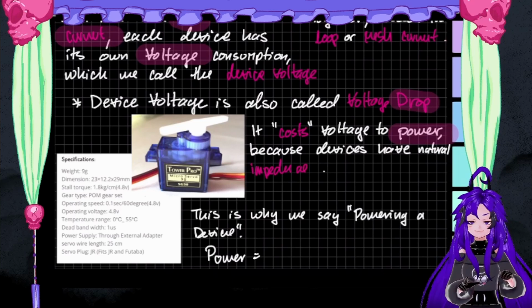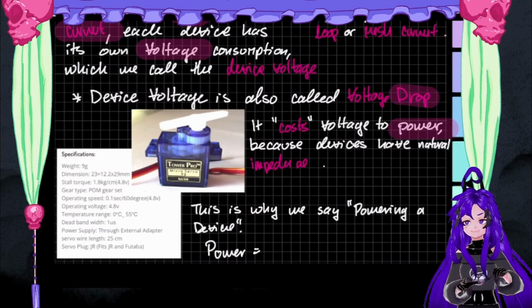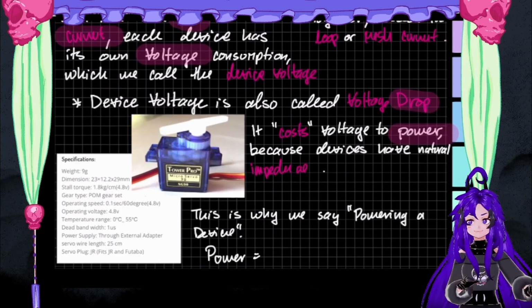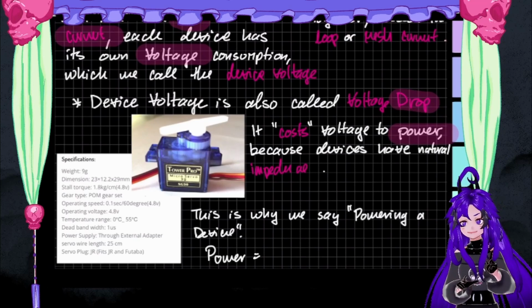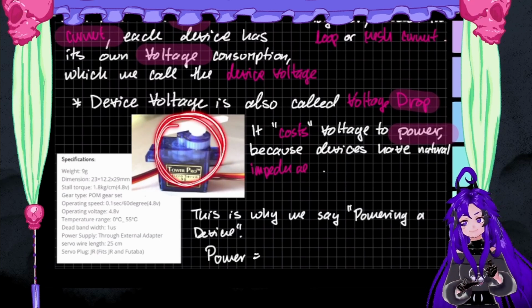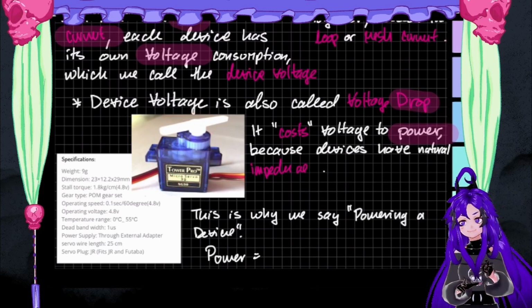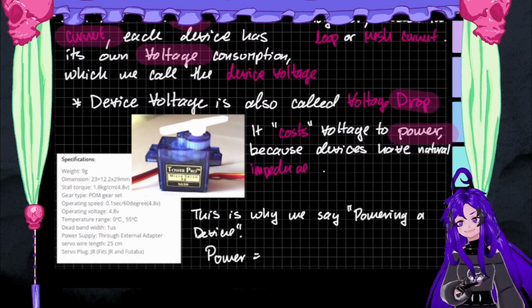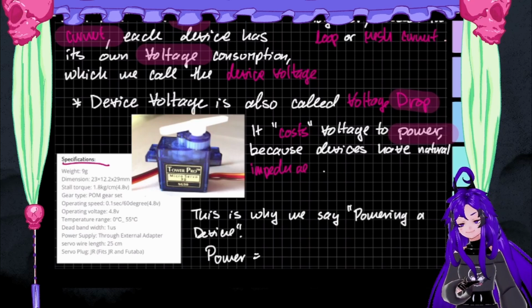So when you look at devices, and we're going to use this little Tower Pro servo, these are the most common prototyping servos you will ever see. Devices have specifications, right?